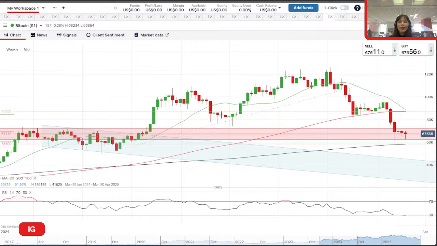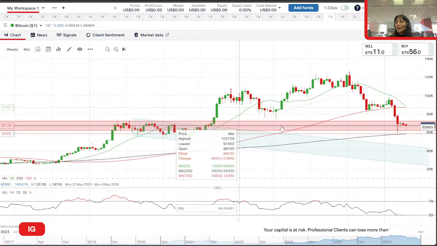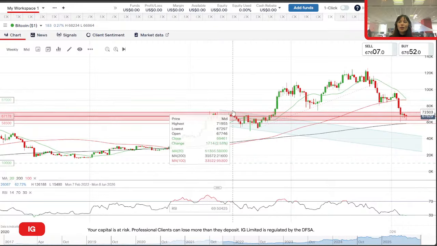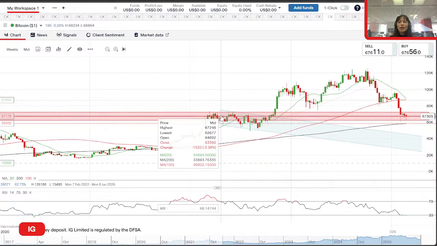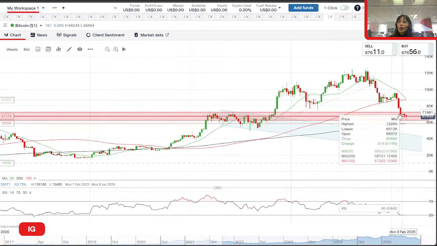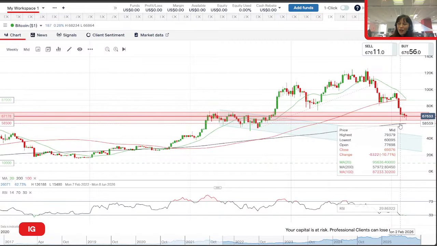There's a lot of colors on this chart, but why am I highlighting this part? That's the previous all-time high in 2024, between 58 to 67, sorry. And now we are retesting this level. A break below that might be really risky.